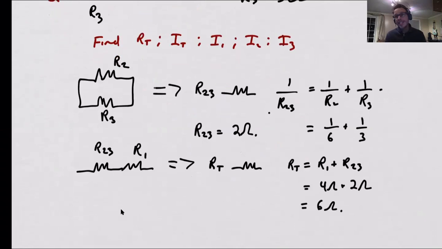So we could have replaced this combination of R1 in series with R2 and R3, which are in parallel with each other, by one single 6 ohm resistor.